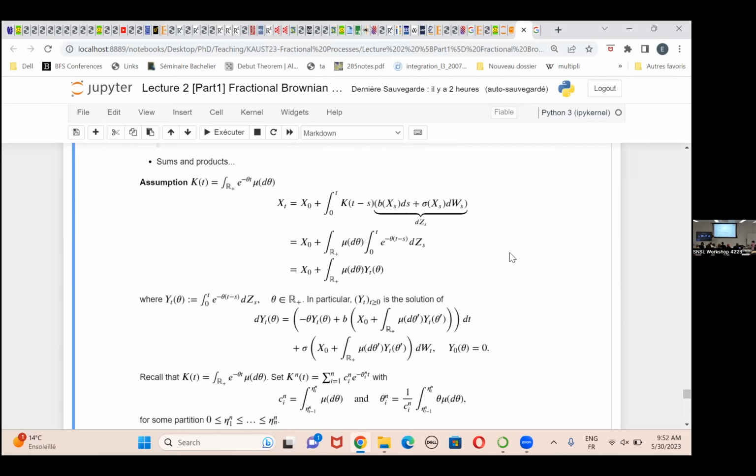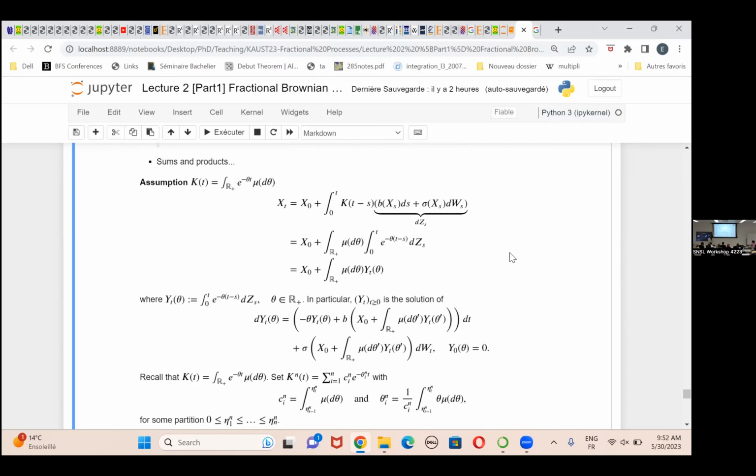We have identified, in a way, the variables that make fractional Brownian motion Markovian. We are able to describe fractional Brownian motion as simply a weighted sum of these y theta, and for fractional Brownian motion, b is equal to 0, sigma is equal to 1, so you can forget about the b part, and for sigma you simply have dW.